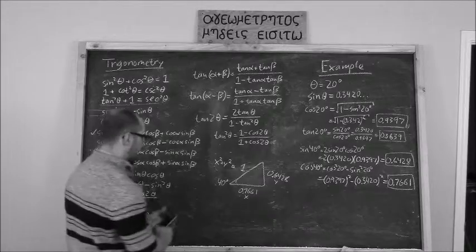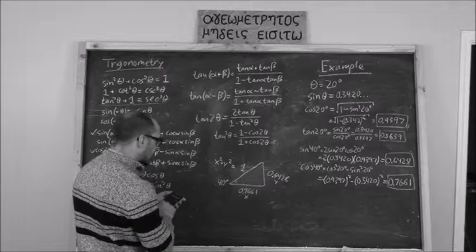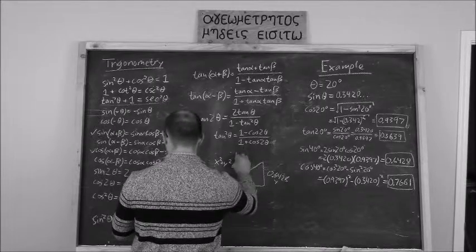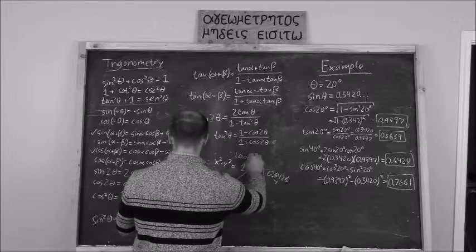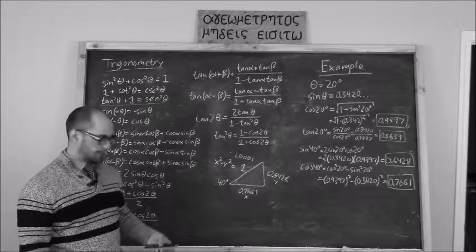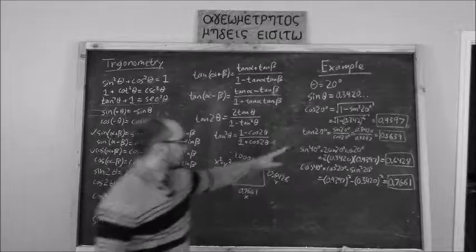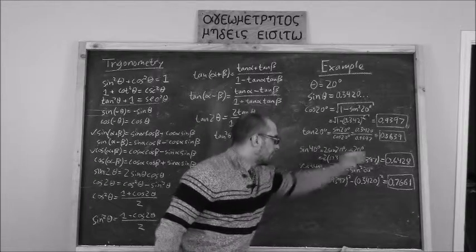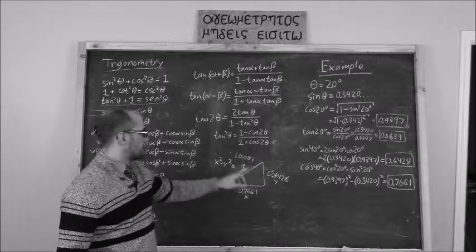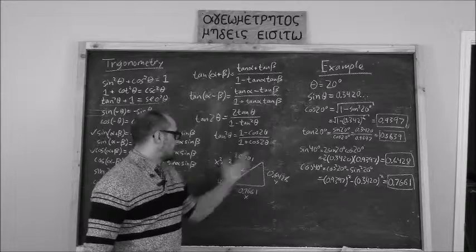So let me try that. 0.7661 squared plus 0.6428 squared is equal to? Well, I'm getting 1.0001. So within rounding, I would say we are quite close. In answer to my previous question, once we obtained sine of 40 degrees, we could have used the Pythagorean identity to calculate cosine of 40 degrees. But notice that's how I checked my answers.